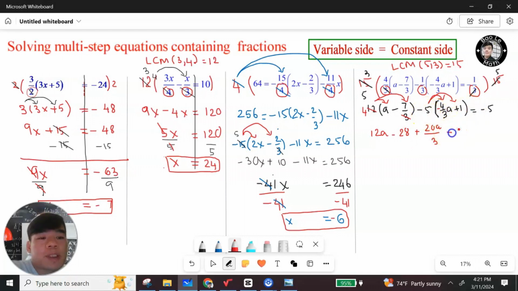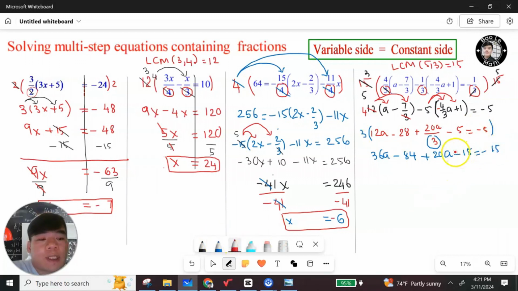Negative 5 times 1 is negative 5 equals negative 5. Now the next one: the denominator is 3, so I multiply both sides by 3. 3 times 12a is 36a. 3 times negative 28 is negative 84. The 3 and 3 cancel out, leaving 20a. 3 times negative 5 is negative 15 equals 3 times negative 5, which is negative 15.